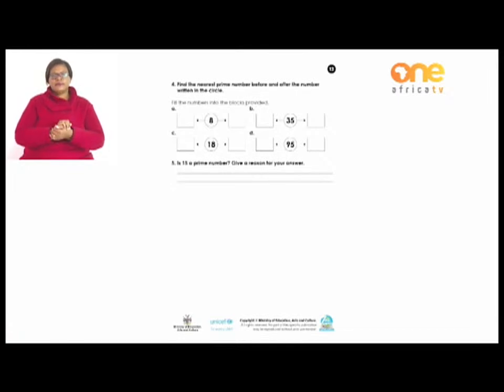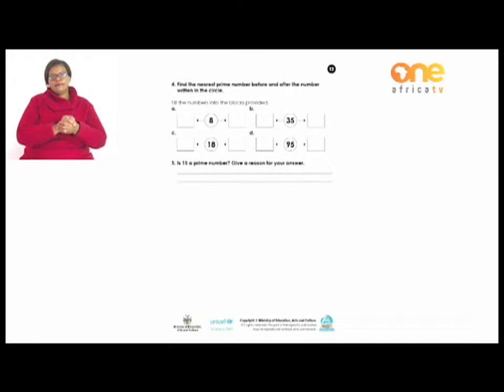So, on your left-hand side should be the smaller number, and on your right-hand side should be the bigger number. Okay? In other words, the prime number. Now, the nearest prime number next to 8.